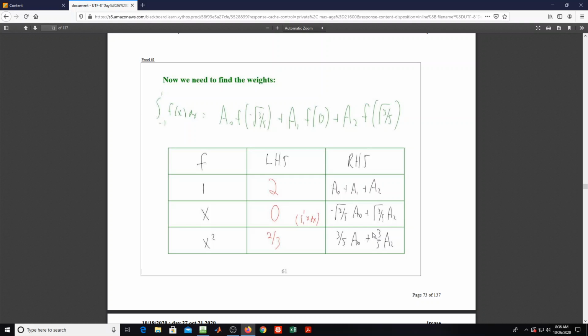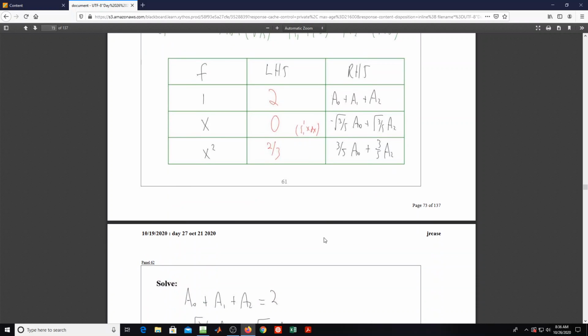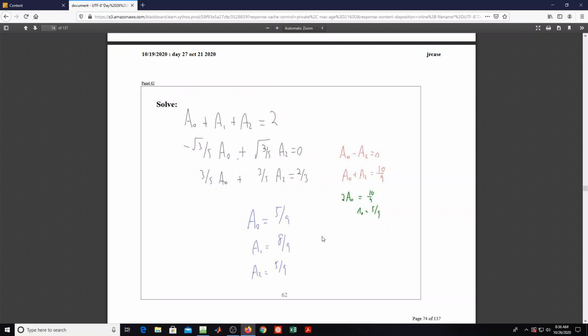Okay, so we just have to solve these three equations, three unknowns. And if you solve those, you get the following weights. You get A0 is equal to 5/9, A1 is equal to 8/9, and A2 is equal to 5/9.